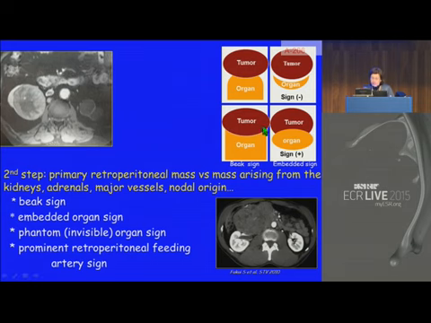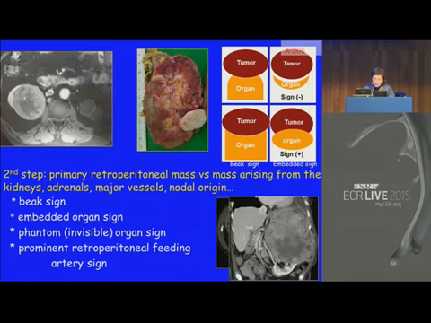On the other hand, when a tumor arises from an organ, this organ may be embedded by the tumor, as in this example of primary leiomyosarcoma of the IVC. On the contrary, when a tumor compresses an organ, this organ may be distorted into a crescentic shape.